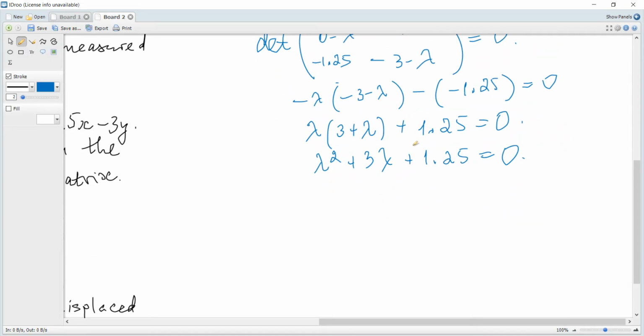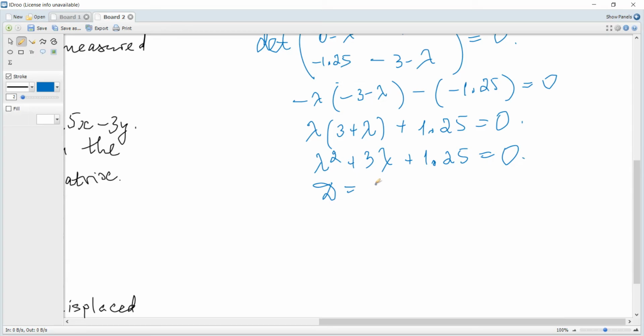And solving it, we get two values of lambda. You may use the product rule or a calculator. I will use the discriminant. 1.25 is 5 over 4, and I could multiply every term by 4, but it's not required.